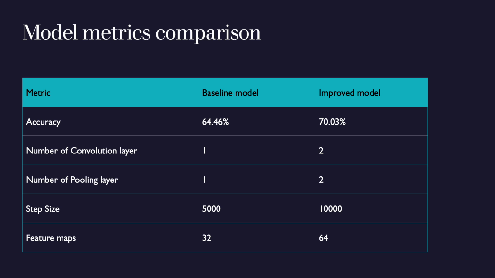The feature maps are double in the improved model, as we have an additional set of convolution and pooling layers for the improved model. The design features, along with the increased step size, attributed to the 6% increase in the accuracy of the improved model.